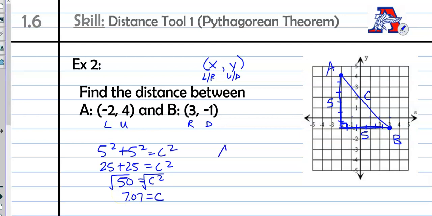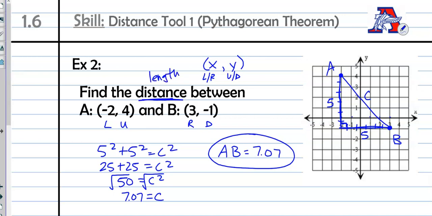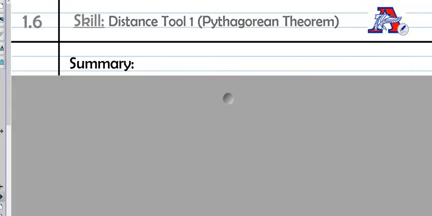And then I think the best notation we can use to write our answer is the length of AB equals 7.07. And remember not to put a bar on top. If you put a bar on top of AB, that would mean you're talking about a picture, not about a length. And in this case, we're finding a length or a distance. So we can just leave it right like that.